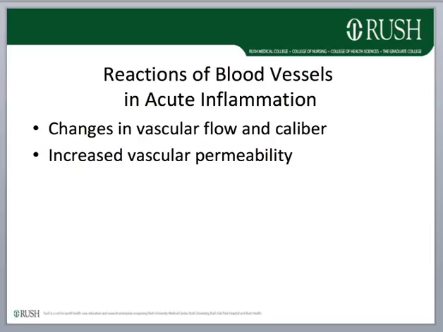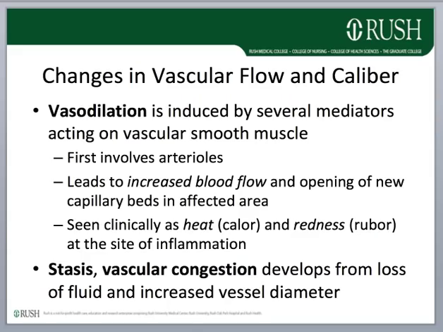The vascular reactions of acute inflammation consist of changes in the flow of blood and the permeability of vessels, both designed to maximize the movement of plasma proteins and leukocytes out of the circulation and into the site of infection or injury. Changes in vascular flow and caliber begin early after injury and consist of the following.